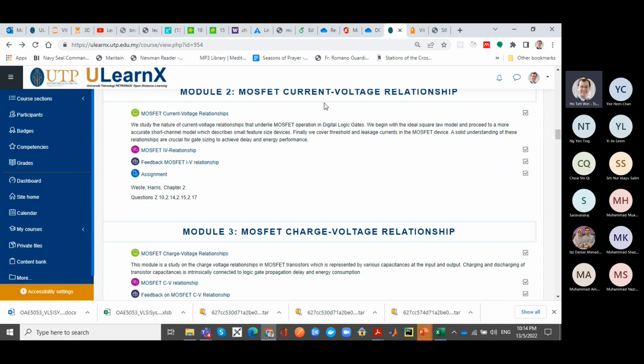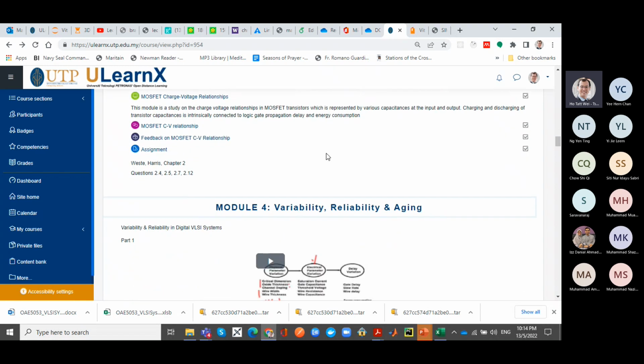So the current voltage relationship actually gives you the resistance of the MOSFET, the effective resistance, because resistance is V over I, right? And then the capacitance is actually charge voltage. So you have the resistance, capacitance, you use the RC constant, you can actually estimate the propagation time within a few percent. It's a very powerful technique, right? So that's why you're learning this.